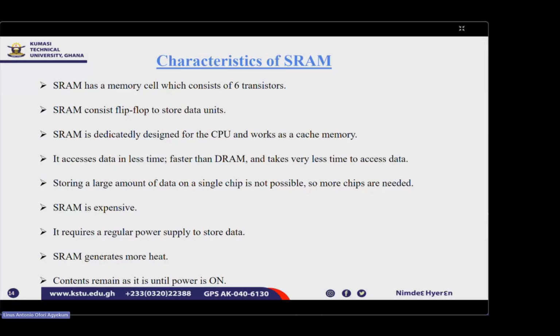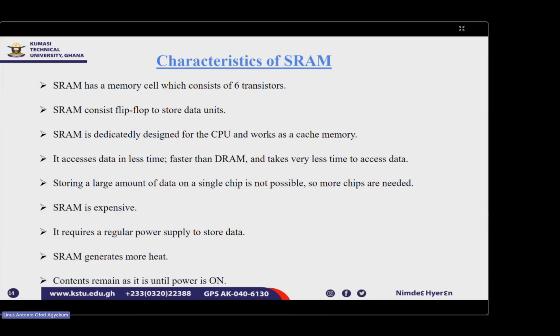Now let's look at the characteristics of the SRAM, even though we have mentioned a few of them. It has memory cells which consist of 6 transistors. It contains flip-flops that are used to store data units.